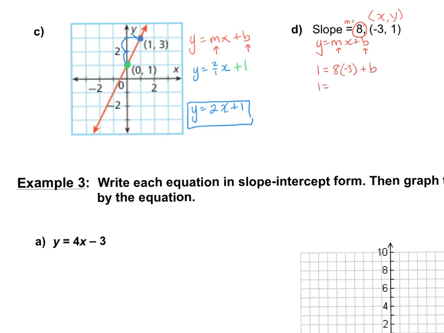So 1 equals 8 times -3 is -24 plus b. To solve for b, I need to get rid of this -24, so I'm going to add 24 to both sides, and I get 25 equals b. Now I have an m of 8 and a b of 25. So now I'm able to write my equation, y equals 8x plus 25.